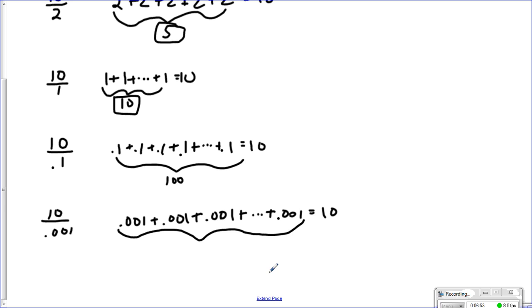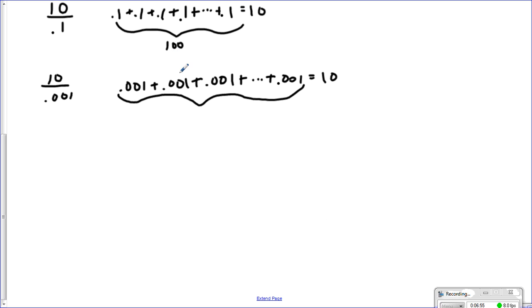Well, what fraction is 0.001? That's not a tenth, not a hundredth, but that's a thousandth. So 10 divided by 1/1000th. It would take 1,000 of these to equal 1, so it will take 10,000 of them to equal 10.